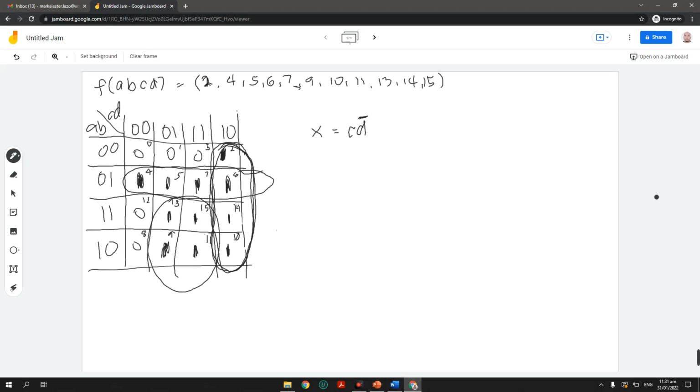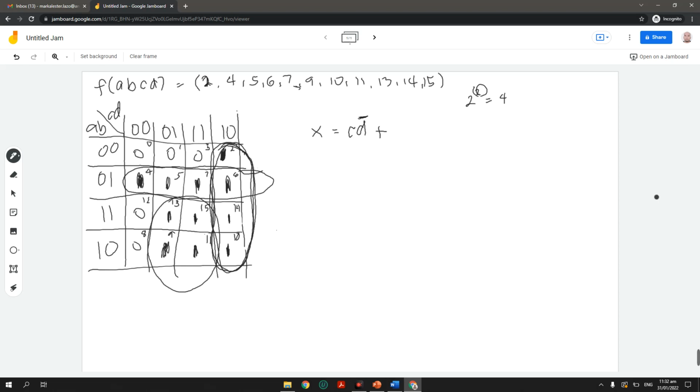Take note that since we have grouped it into 4 or 2 raised to 2, we have eliminated two variables in our input. So what remains is only two variables, the C and the D.